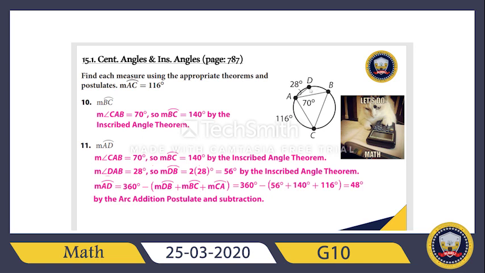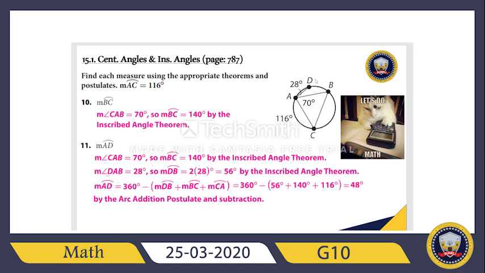Now, what is the measure of the arc DB? It's an intercepted arc, and its inscribed angle is DAB. I'm given that DAB is 28 degrees, so the arc DB measures twice 28, which is 56. So the measure of DB is 56 degrees by the inscribed angle theorem, of course. Now, what is BC? We've already found it, that is 140, and CA or AC is given as 116 degrees.